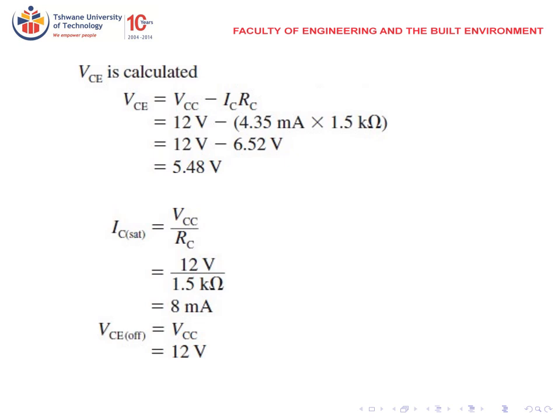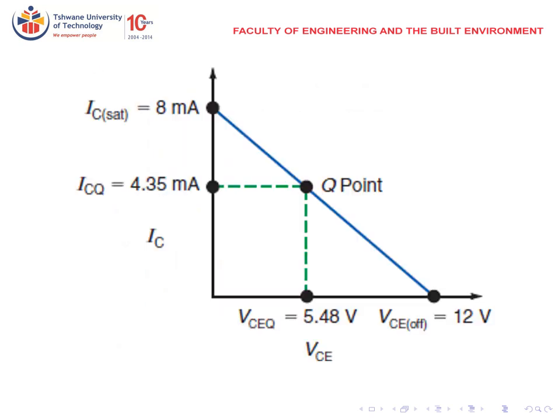And then VCE at cutoff, we take the same formula, but at cutoff IC is equal to 0, so it means that our VCE will be equal to VCC. So this is how you will plot your DC load line.